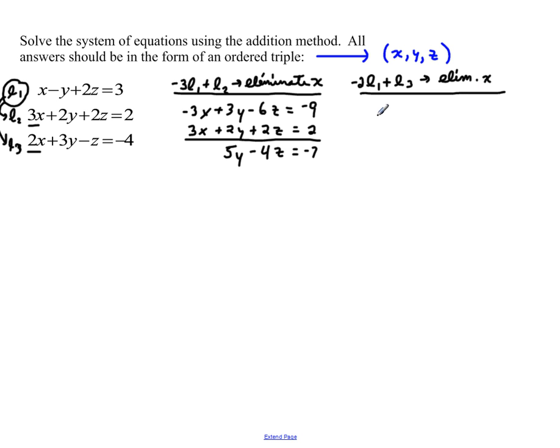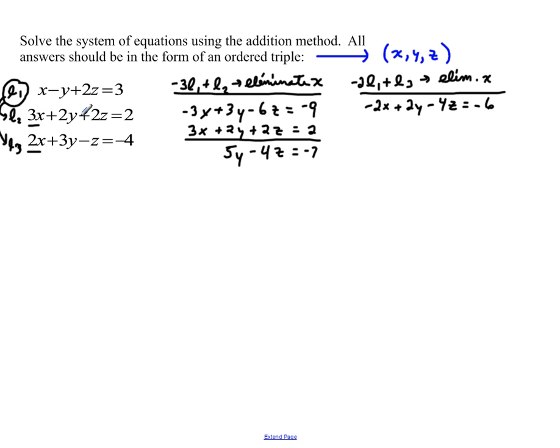Right, so I'm abbreviating here. Okay, so that means if we take -2 times everything in line 1 right here, -2 times x is our first term. Take -2 times -y, and that's going to give us plus 2y. Take -2 times positive 2z, so that is going to become -4z. And take -2 times positive 3 to give us -6.